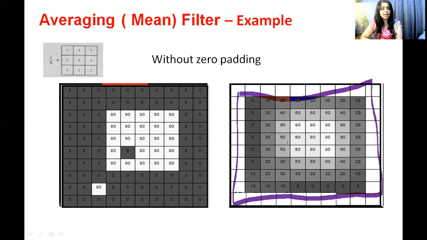And you can see that now the boundaries are blurred. Earlier there was a clear partition between black and white, but here you can see that this is black, then gray, then slightly towards white, and here it is white. Everywhere you can see that the boundaries are blurred. There is a slow variation in the intensity of pixels.